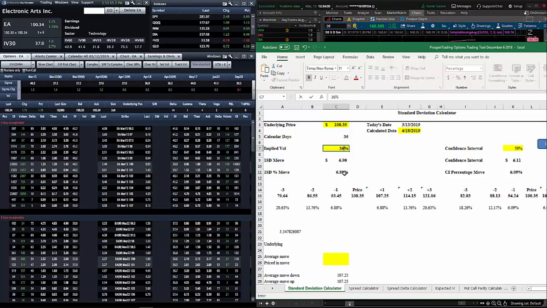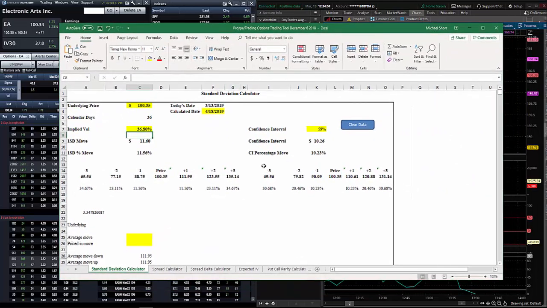So 36.8. Now, given those 3 pieces of information, we are able to get a price distribution. Over here on the left is standard deviation. Over here on the right is a dynamic where you can put in a confidence interval. If you want to be more conservative in your estimate, well, then you use a lower confidence interval.